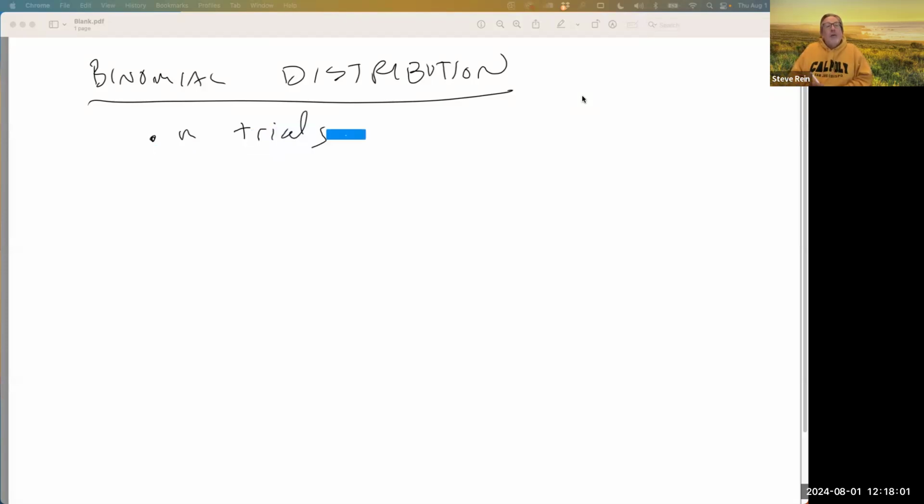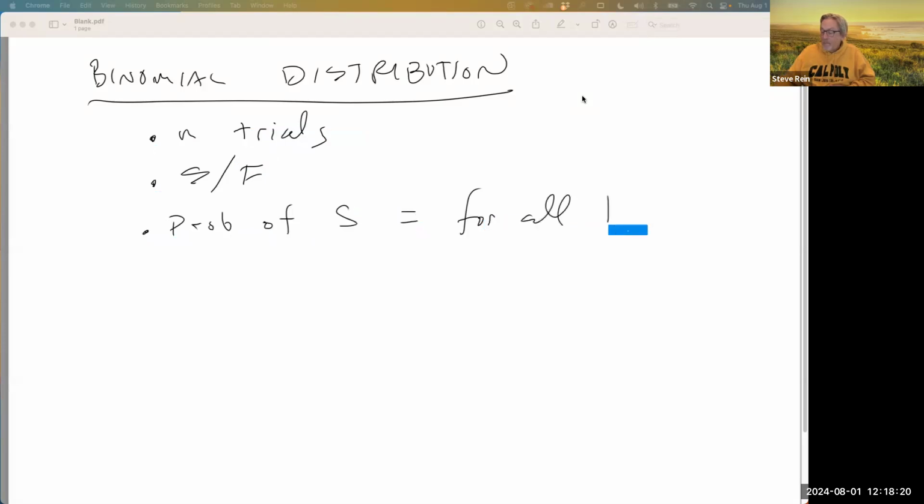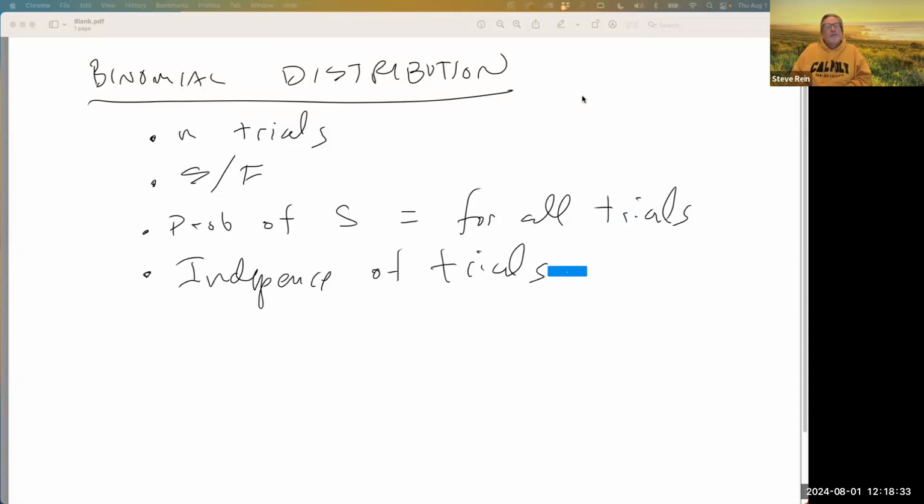And if each outcome of the experiment is either a success or a failure, and all of the outcomes have the same chance of success, and furthermore, you have independence of the trials. Let's be clear about that last one.